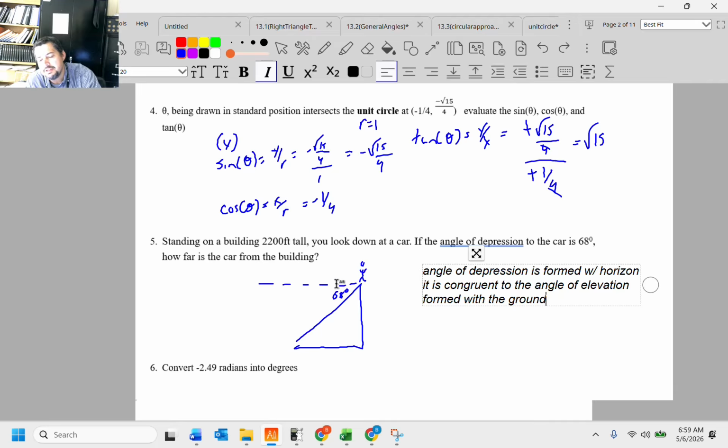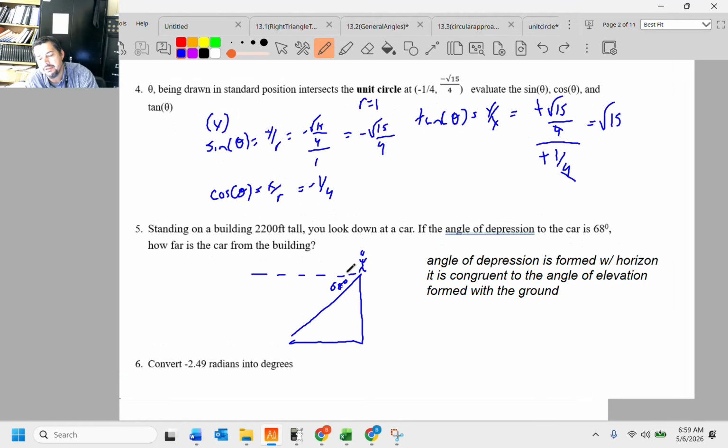So even though this 68 degrees doesn't lie inside the triangle here, it is congruent to the angle of elevation down below. The building is 2,200 foot tall. I want to know how far the car is from the building.